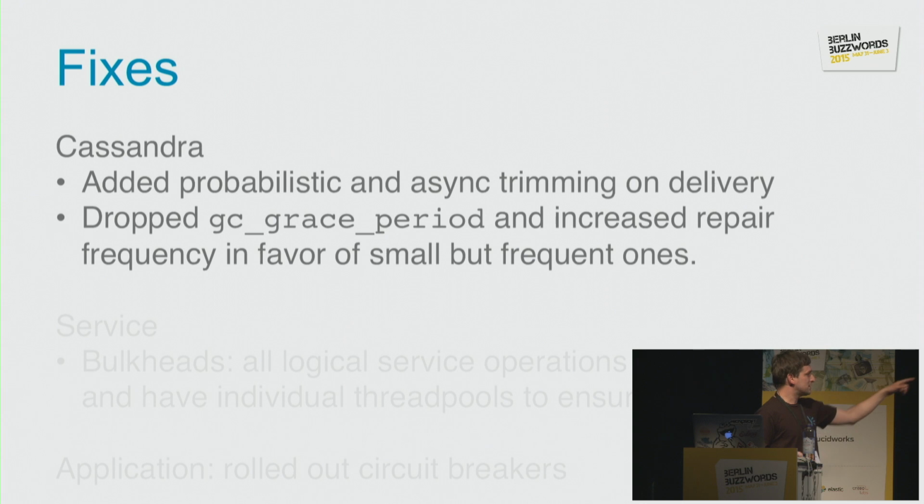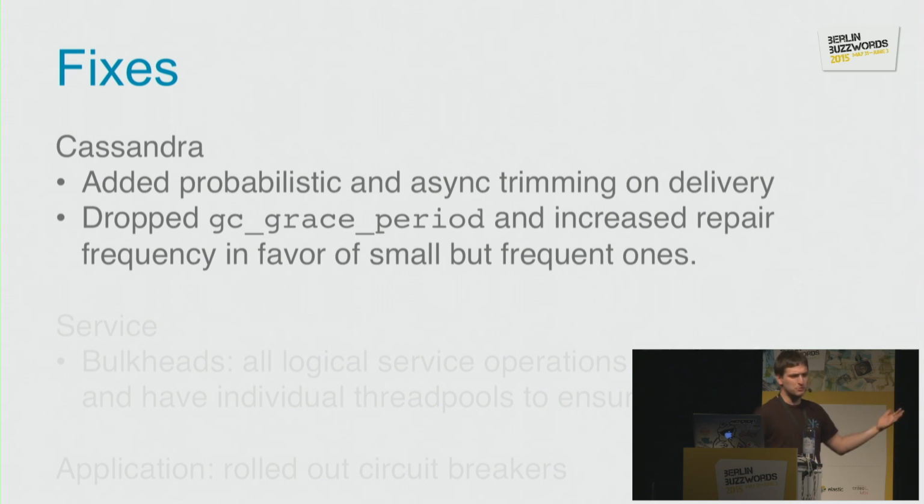And the second bit, the repair job, is something you run independently across the whole cluster. This makes sure that all the writes were propagated. This buys you time on the actual write, because you can just write to a quorum, and then you run a repair job, which makes sure that this write has been propagated to everybody. So we decreased the grace period, so tombstones stayed for a shorter time and had lower impact.